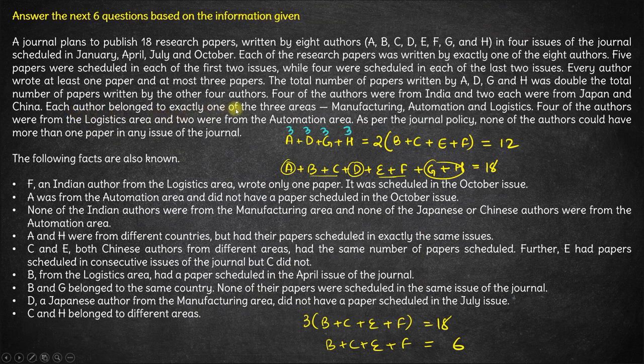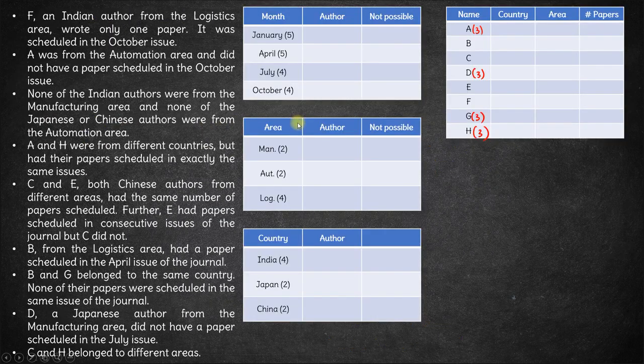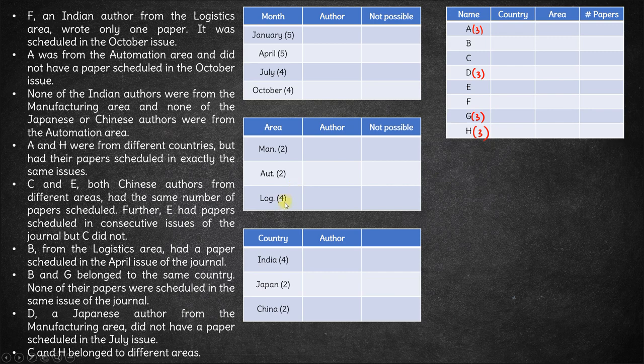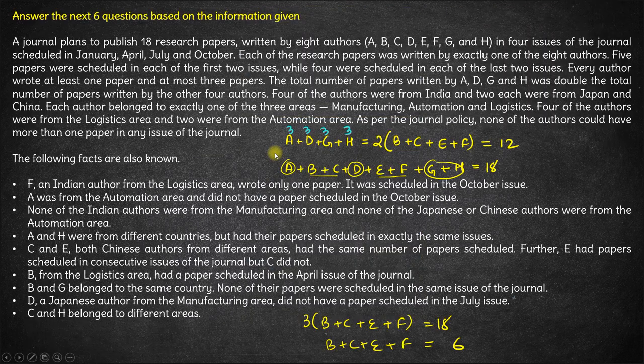Next, each author belonged to exactly one of the 3 areas, which are manufacturing, automation and logistics. 4 of the authors were from logistics and 2 were from automation. So 4 plus 2 is 6. So the remaining 2 people will be from the third area, which is manufacturing.